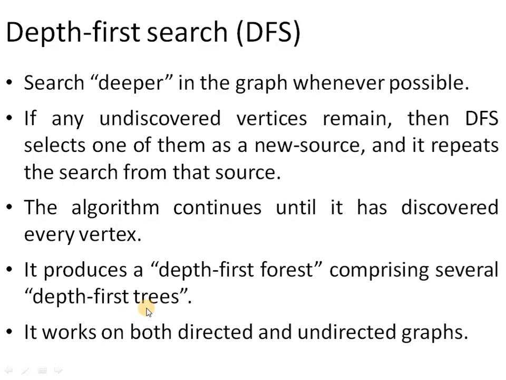Since we may have multiple source nodes in case of DFS, instead of getting a tree, we will get a forest. So the predecessor subgraph which is obtained using DFS is known as the depth first forest, which comprises several depth first trees. Again, DFS works with directed as well as undirected graphs.